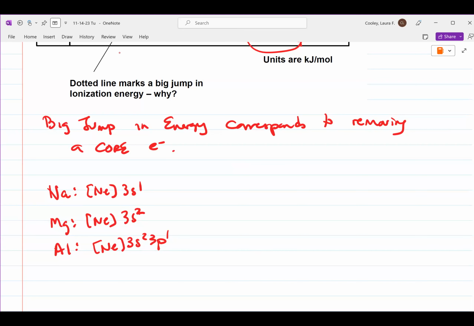Core electrons are in lower n values. They're tighter held to the nucleus. And you're trying to remove electrons from successively more positively charged ions. And it's just not going to happen out there in the real world. So basically, the conclusion is that metals stop losing electrons at the rare gas configuration.